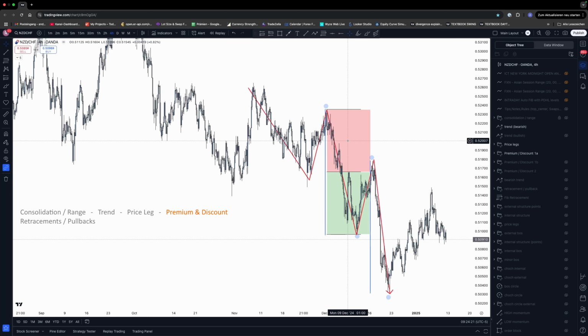It's all the institutions that move the market. So when we are in a bearish trend, price generally wants to or has to go into a premium level to sell off again. Because if institutions place a load of orders, they're obviously going to place them at an attractive price. So obviously selling expensive is attractive. So it's going to be in the upper part of a price leg where they sell.